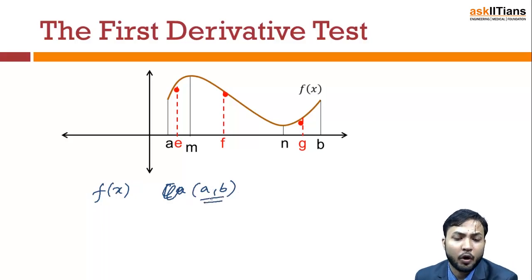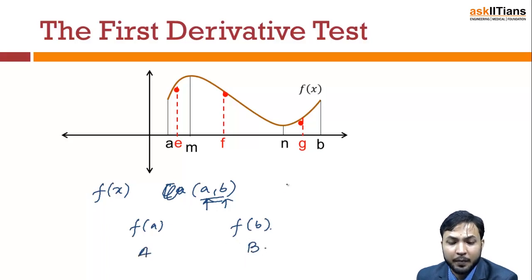At a particular point in this interval, let's say I have my f(a) and I have my f(b). Let's say it gives me values a and b. Now a would be greater than b, or b will be greater than a, or it may so happen that a is equal to b. These are the three things that may happen.